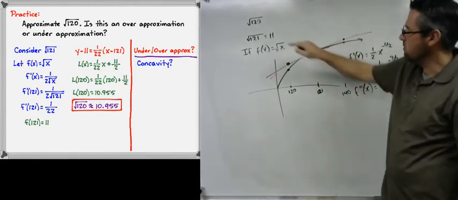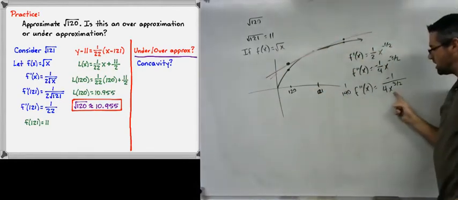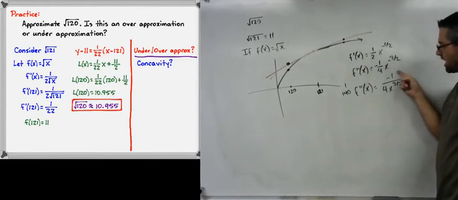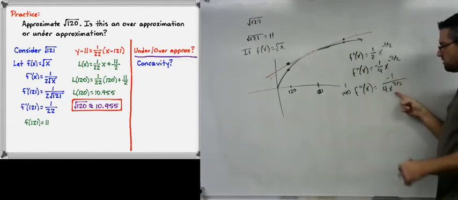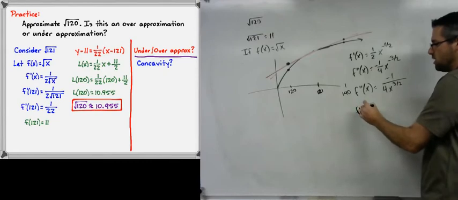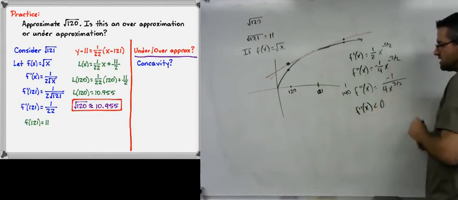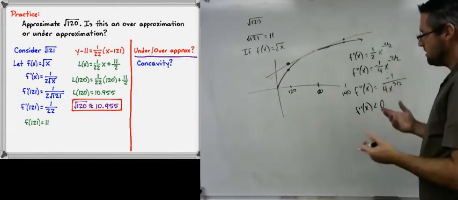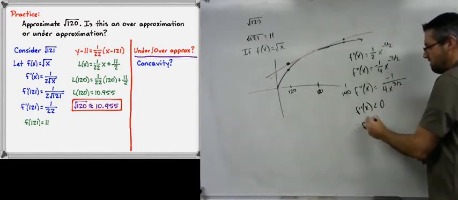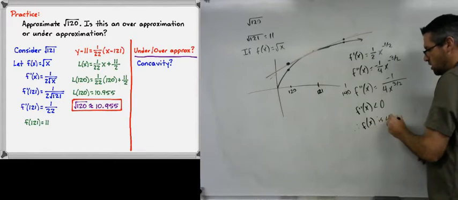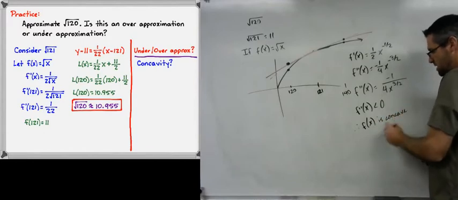So I have to plug in positive values of x. If I plug in positive values of x, I get a negative on top always, and a positive on the bottom always. So we can conclude that f double prime of x is always negative. It's always less than 0 no matter what. Therefore, we would say that f of x is concave down.